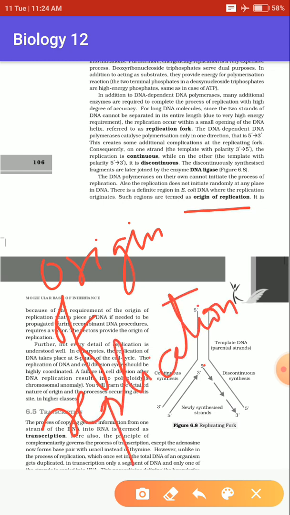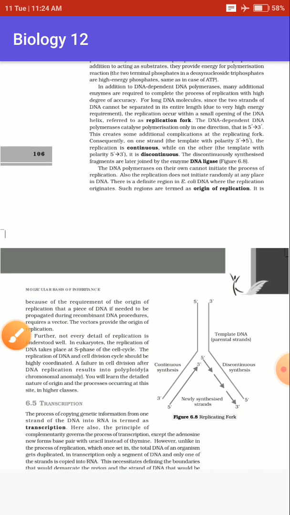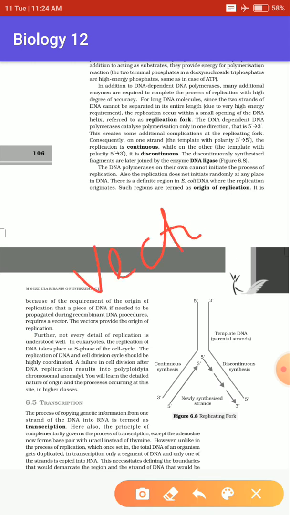You can see this is the origin of replication in this case, this area. So in the case of Escherichia coli, there will be a vector which will definitely help to provide this origin of replication, so that the DNA polymerase can start the replication process. Okay.